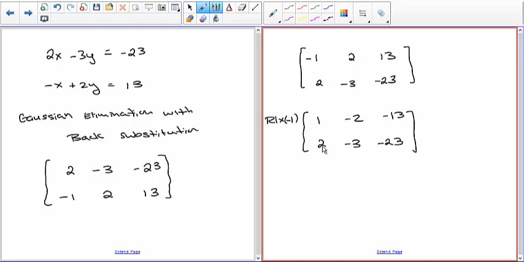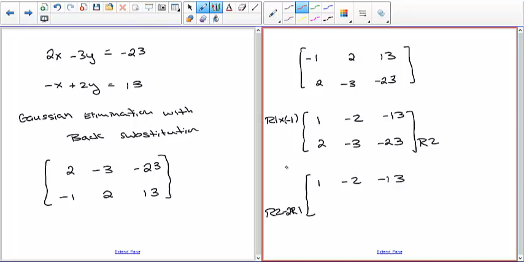The next is to get a 0 here. So I'm going to leave the first row untouched, and I'm going to take my old row 2, the row 2 in the previous step, and I'm going to subtract 2 times row 1 to get 0 here. So if I take 2 and I subtract 2 times 1, I'll get that to happen.